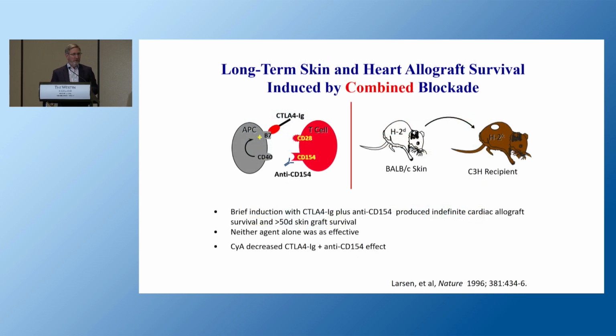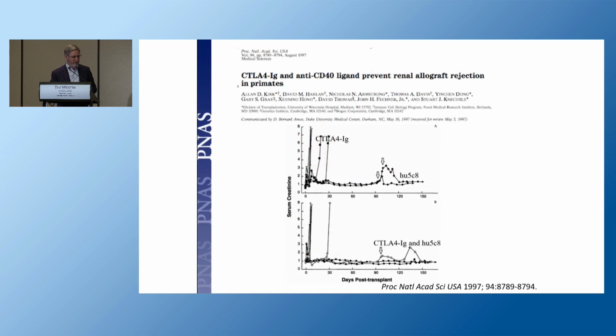So as we all know, if you block combined CD28 and CD154 pathways, it's long been known that this is an exceptionally good way at preventing allograft rejection. And interestingly, if you block the T cell receptor with a calcineurin inhibitor, it makes the effectiveness of co-stimulation blockade less effective, which has made it difficult to translate these molecules into the clinic because, of course, almost everybody gets a calcineurin inhibitor.